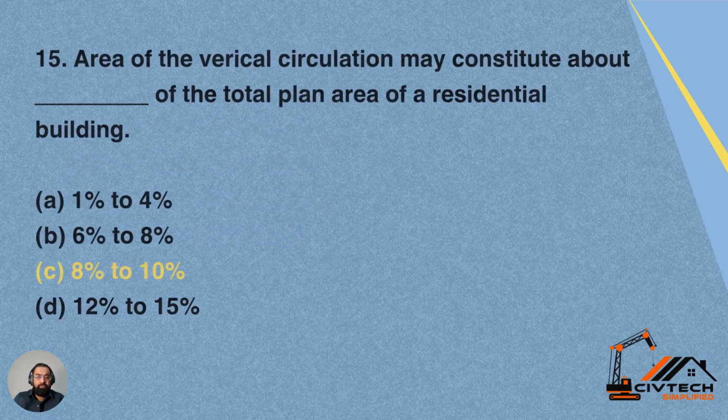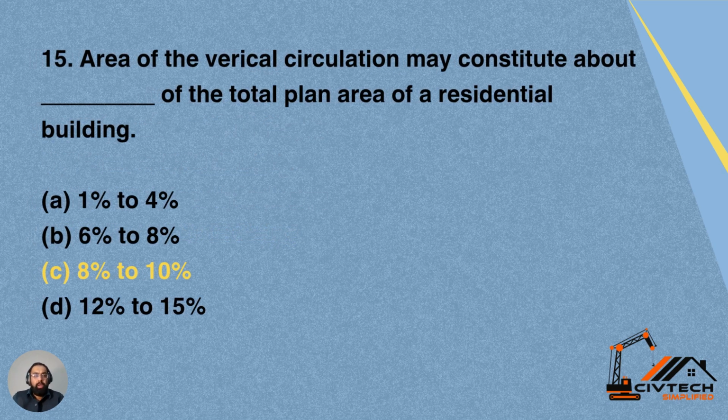Then we have question number 15. Area of vertical circulation may constitute about dash of the total plan area of a residential building. The earlier question was about horizontal circulation or the primary circulation, and this question is about the vertical circulation or the secondary circulation.